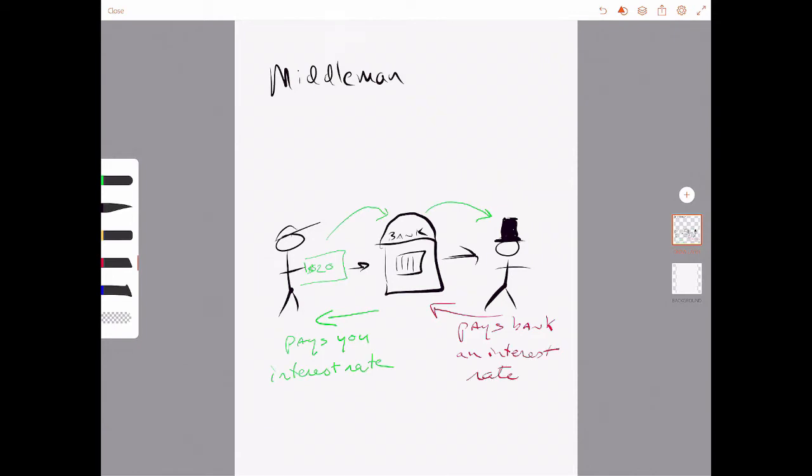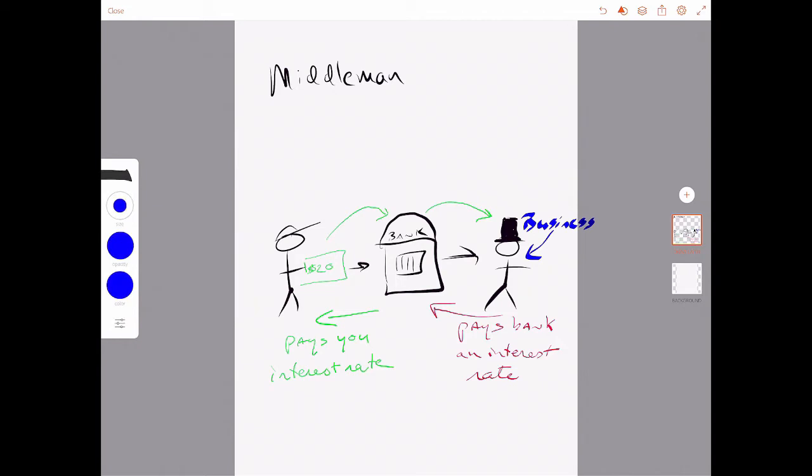So basically what the bank is doing is they are lending your money out. They're acting as a middleman. Instead of you lending the money to the business, because that's what this guy is, he is a business person. Instead of you lending your money directly to the business, the bank works as the middleman. They take your money and my money and whoever puts their money into the bank, and they lend it to businesses.